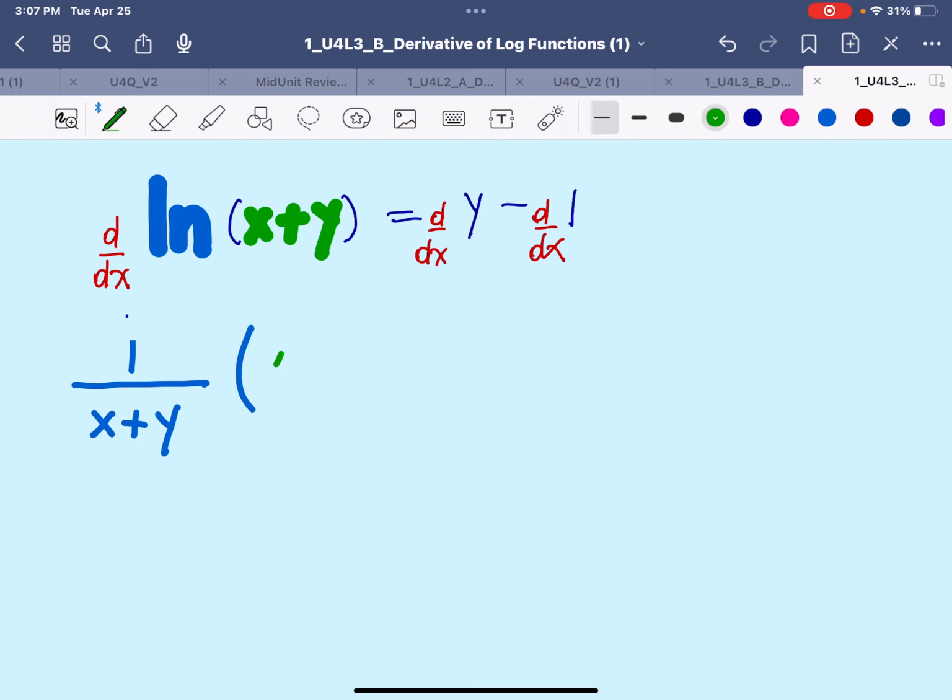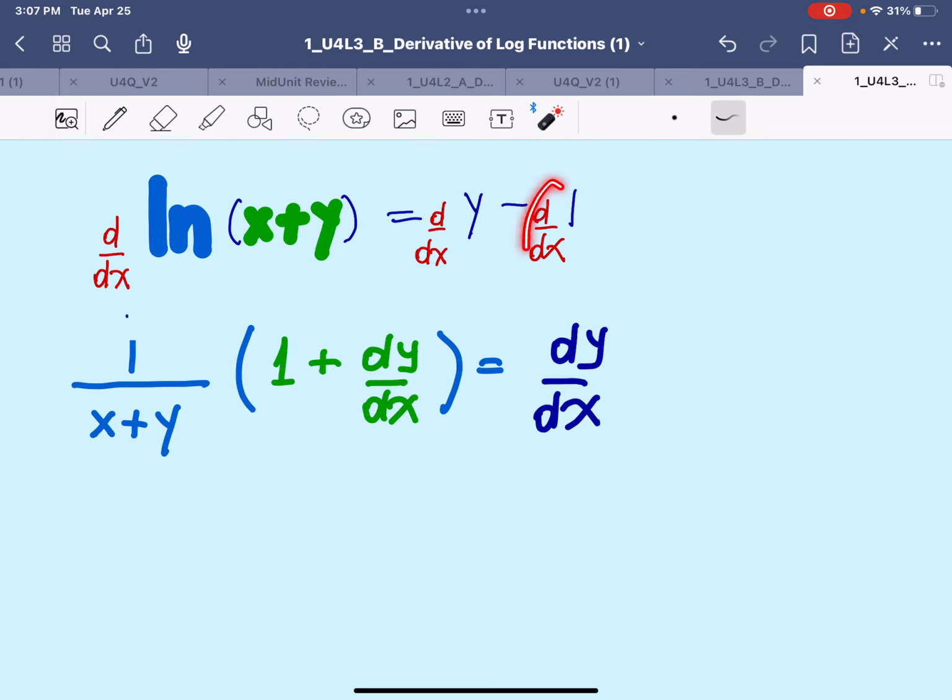Now, derivative of x is 1 plus derivative of y is dy dx. Close brackets, equals. The derivative of y is dy dx. And then derivative of number 1 is 0.